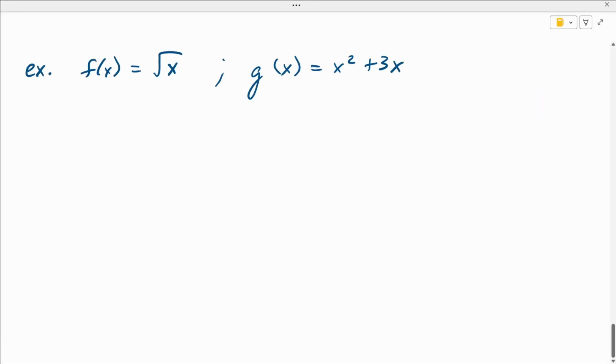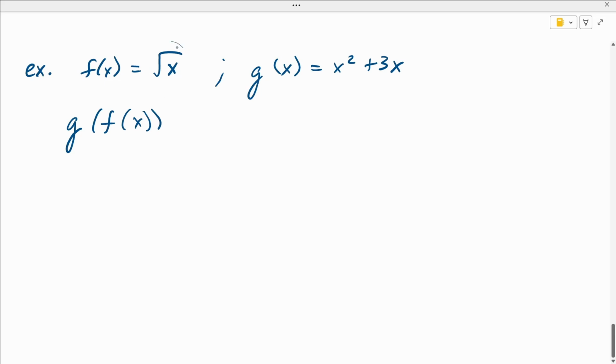Now let's take an interesting example here. Let's say f of x is the square root of x, and g of x is x squared plus 3x. Let's first of all determine g of f of x and the domain of this composed function, this composite function. So the input to f is x. Fine, that's easy.